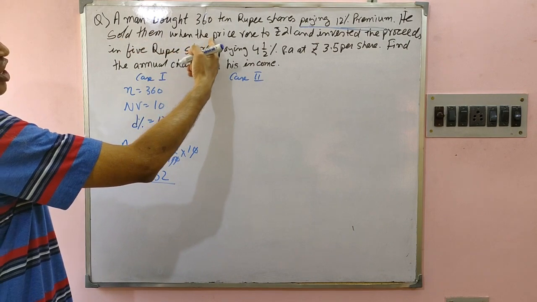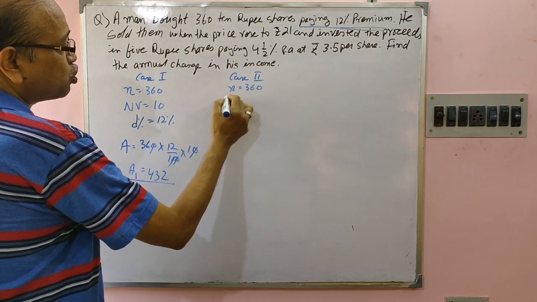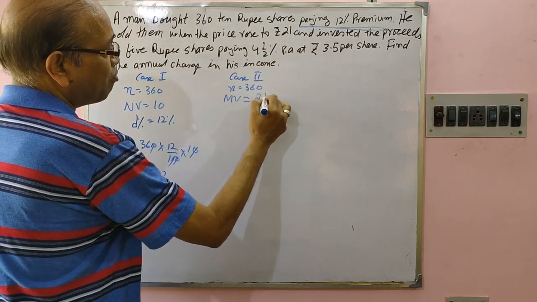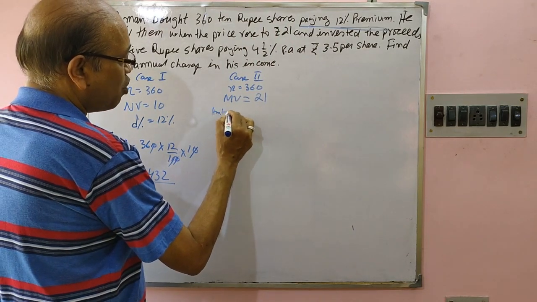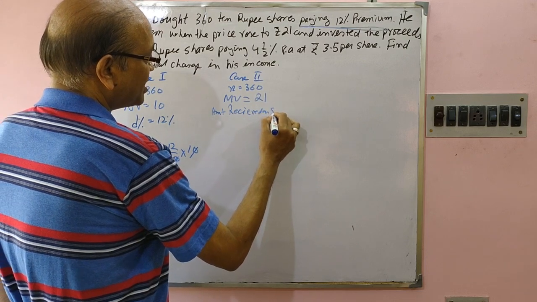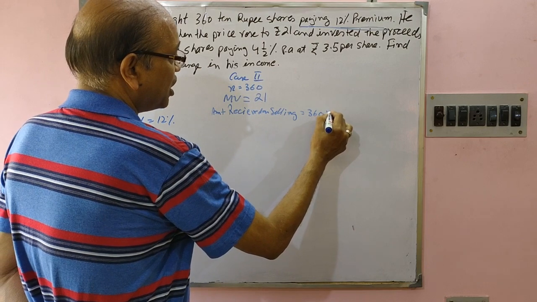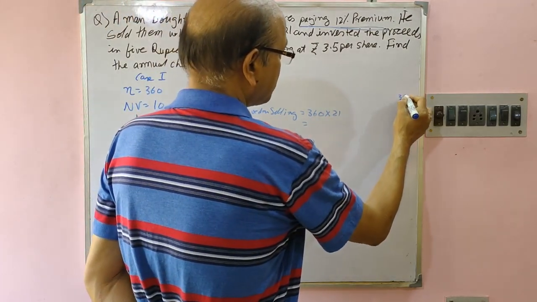He sold the shares. That means here N is 360. Sold the shares when it rose to 21 rupees. That means what is the amount received on selling? Amount received on selling is 360 into 21.